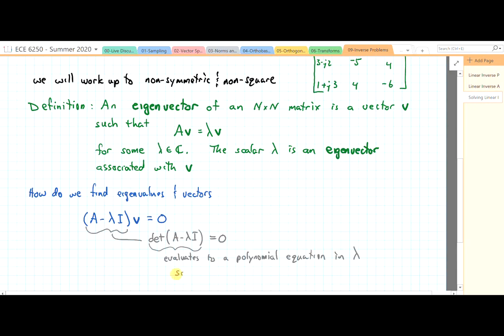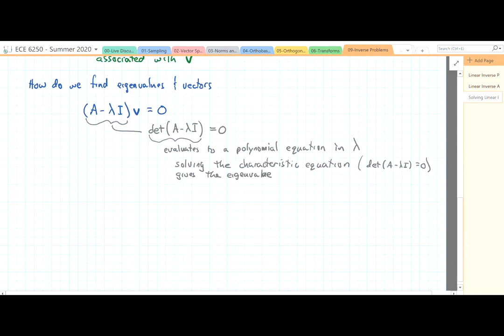So that is determinant of A minus lambda I is equal to 0. It gives the eigenvalue, lambda.